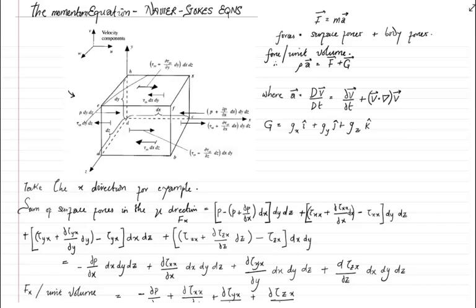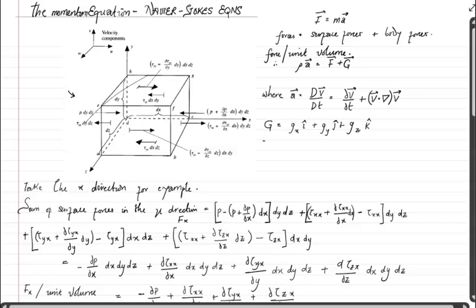Now our acceleration here is the substantial derivative of the velocity, which is the total dv/dt, following the fluid particle. And then our body force, I split into its components, gx, gy, gz.